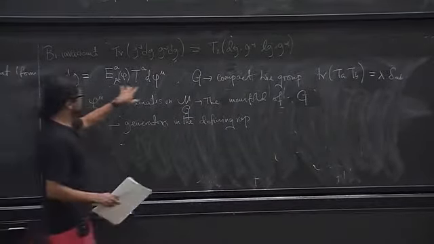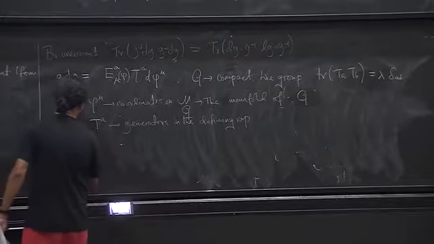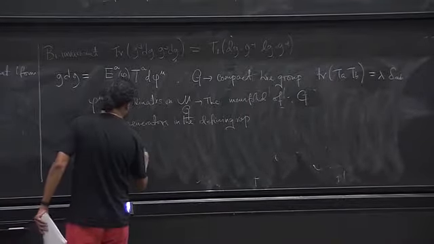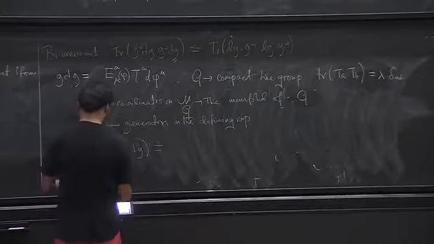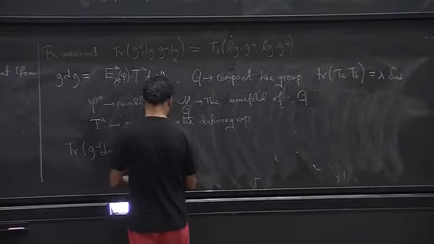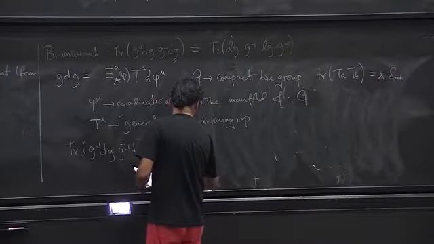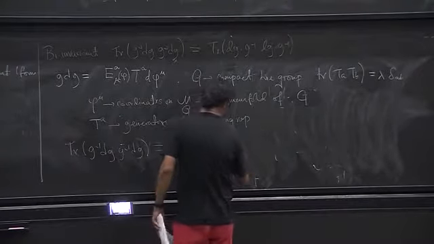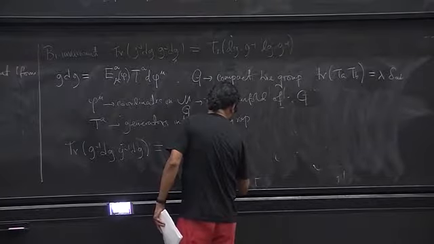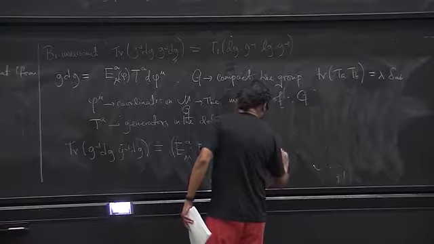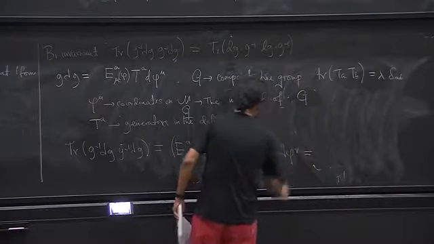So now if I plug this formula in there, I basically get some constant, and there's a delta^{AB} times dphi^mu dphi^nu.